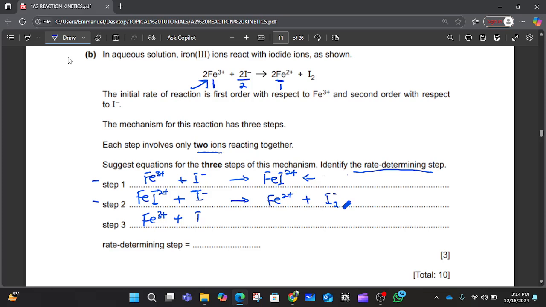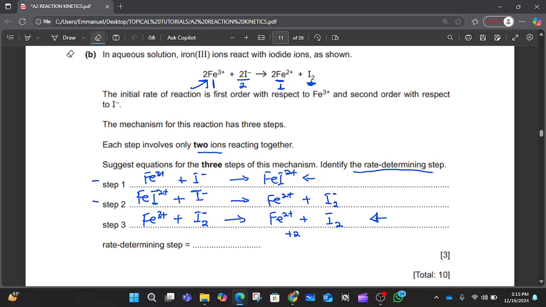So that will be plus I2- giving I2-. And so that is going to give us our second mole of the Fe2+. We have not formed I2, so that is going to give us I2. Notice that charges are balanced on both sides of this equation. It is plus 2 on this side. If you add plus 3 to minus 1, you get plus 2. It means charges are balanced.